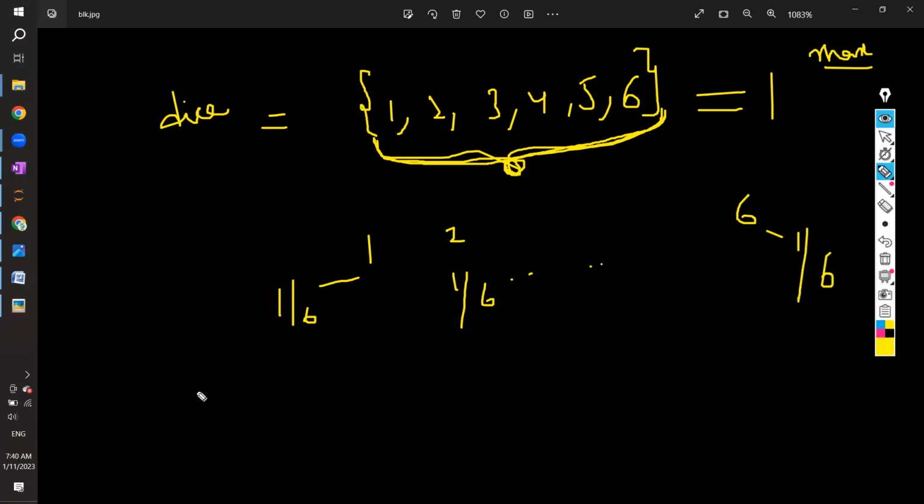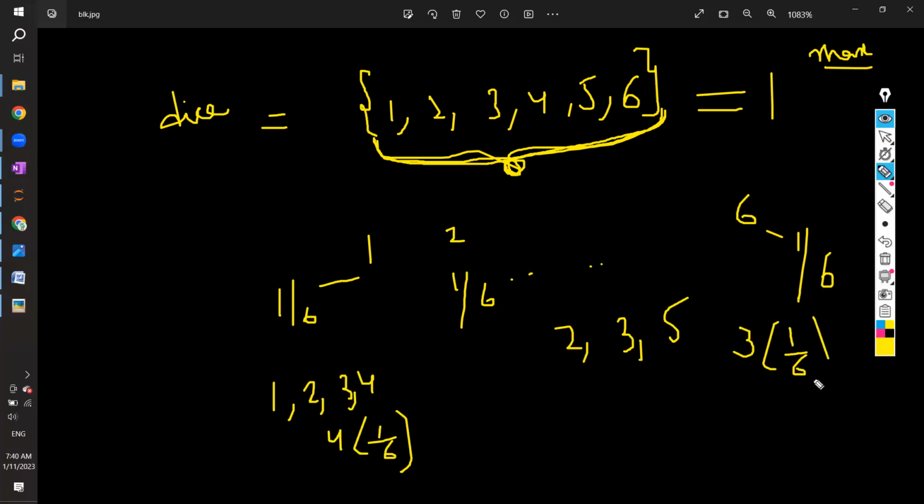Now, what is the probability that I want to see 1 or 2 or 3 or 4? That is 4 times 1/6, so 4/6. Correct. What is the probability that I want to see 2 or 3 or 5? 3 times 1/6. Agree?